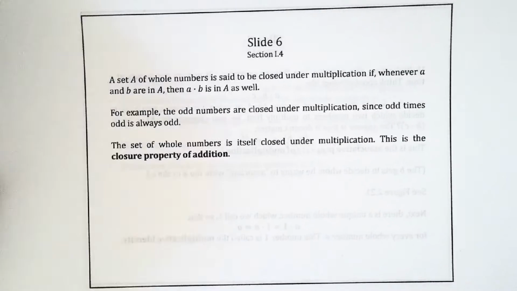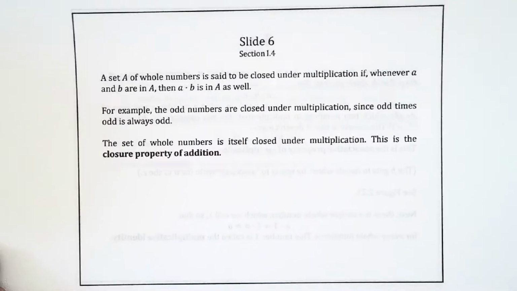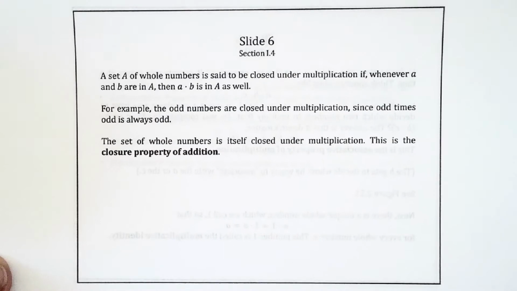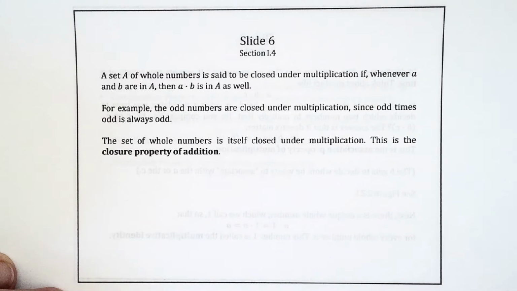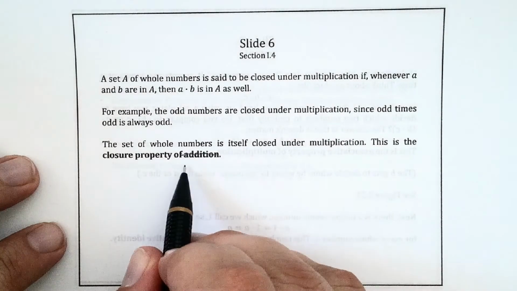So, what we're saying there is that the whole numbers are closed under multiplication, but they are not closed under division. Every whole number multiplication problem has a whole number answer, so they're closed. And that's called the closure property of multiplication.